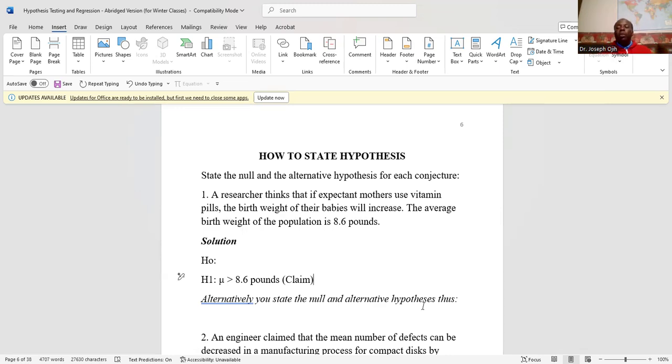Whatever the null hypothesis and the alternative are, they say the opposite of each other. So that means the null hypothesis would have been mean greater than, or sorry, less than 8.6 pounds.